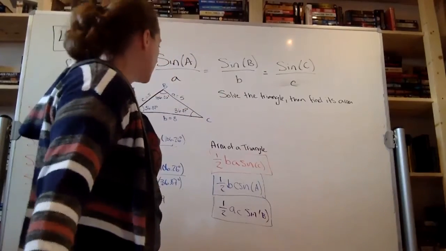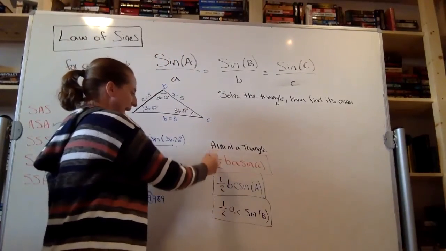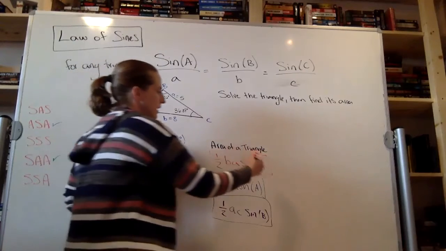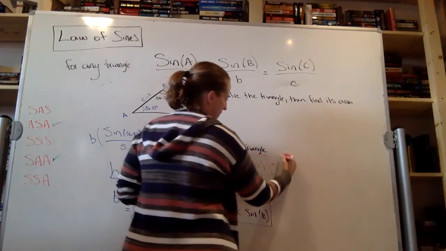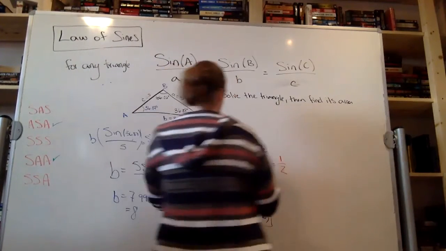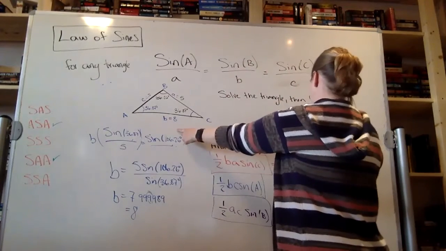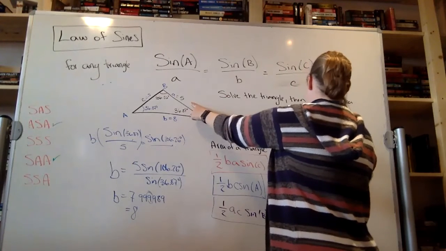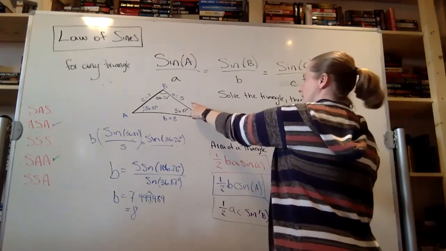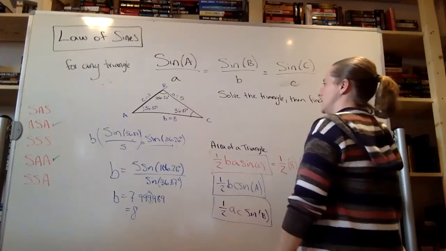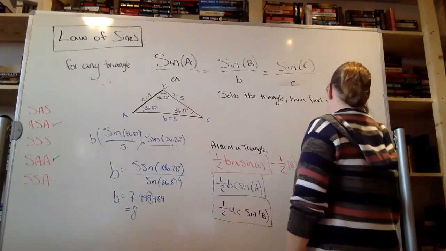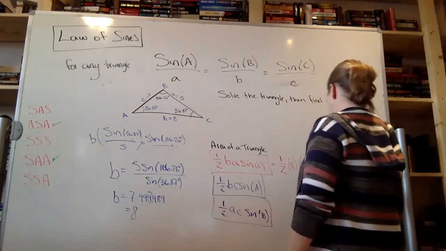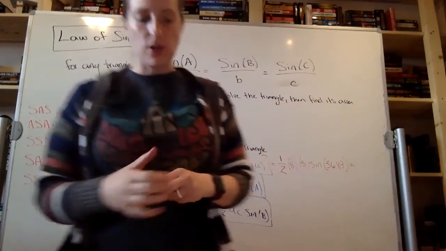Now we're going to find the area, and we can find the area using any of our 3 formulas. So let's just start at the top. 1/2 times B, our B is 8, times A, our A is 5, times sine of C, our C is 36.87. Okay, so this should give us the area of our triangle.